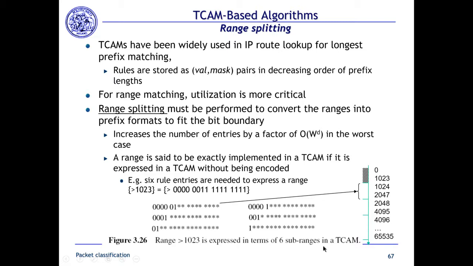So this is why it's not very efficient, because you multiply the entries of the TCAM by a high factor each time you have ranges. If you only consider this range here, that is what you would guess by looking at this number, this is not actually enough, because it only includes this interval, but you have to consider all the other intervals until the end.